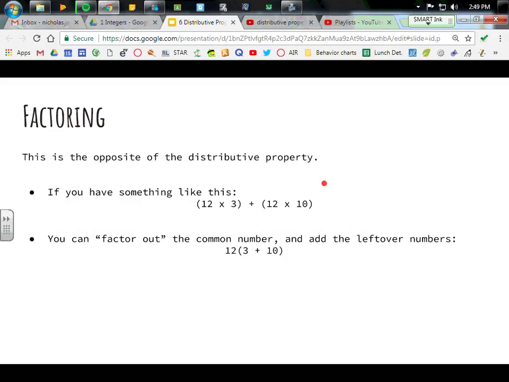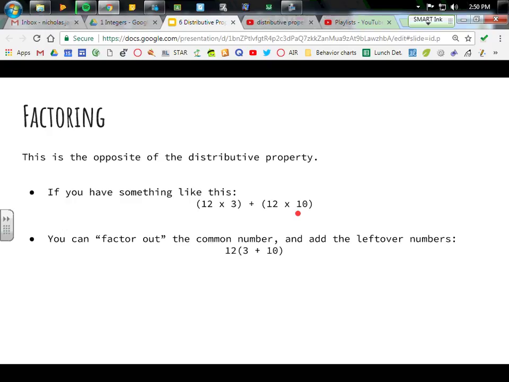All right. So the opposite of distributing is factoring. That's when you find what number you can divide all of your terms in your problem by. So if you have something like this, 12 times 3 plus 12 times 10, we can factor out 12.